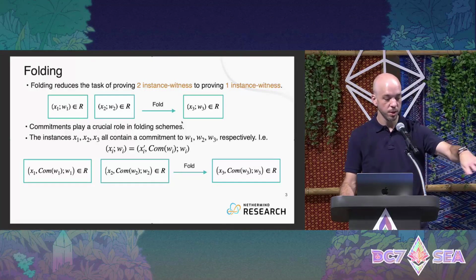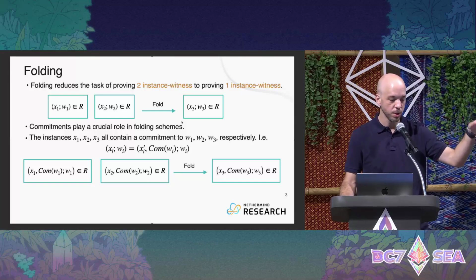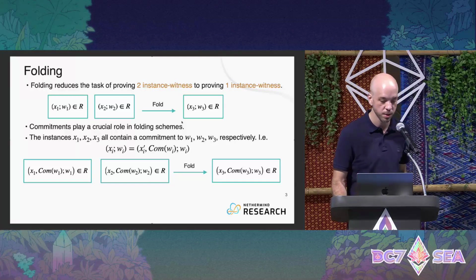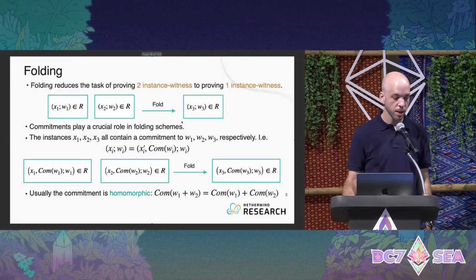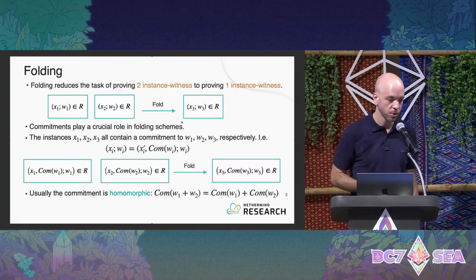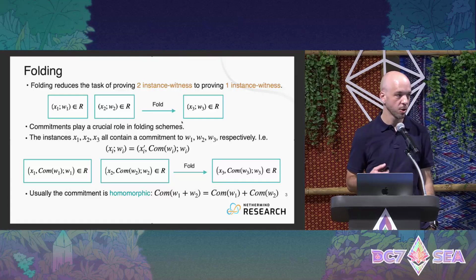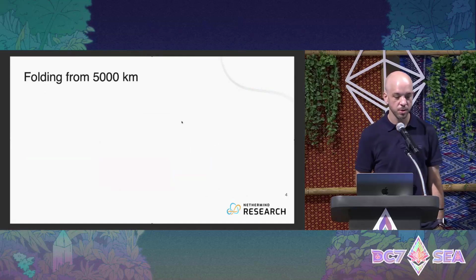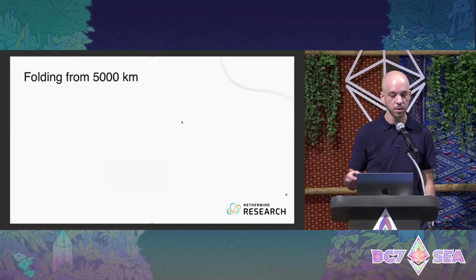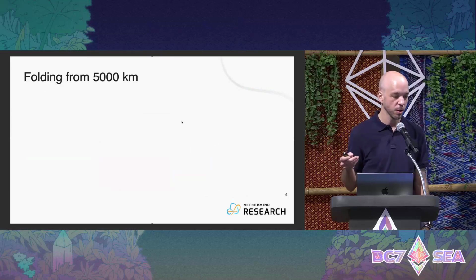We have two instance-witness pairs where the instance contains a commitment to the witness, you fold, and you get a new instance-witness pair. The commitment most of the time is homomorphic, and this is a crucial point. Homomorphic means that the commitment to the sum of two vectors is the sum of the commitments to the vectors. If you've never seen folding, this is everything you need to know to follow this talk.